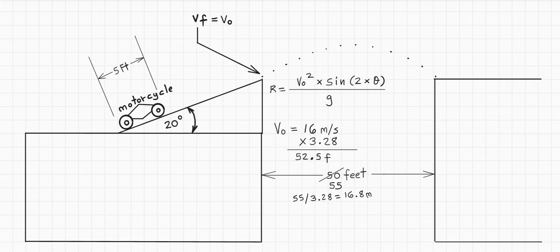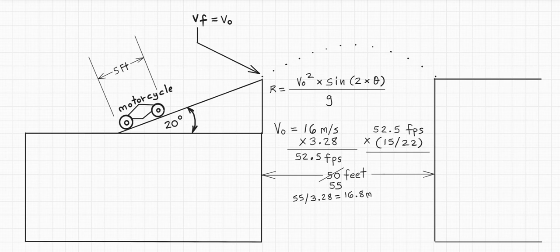So we could multiply 16 meters per second times 3.28 feet to a meter. So we get 52.5 feet per second is 16 meters per second. So we know that there is 22 feet per second for every 15 miles per hour.